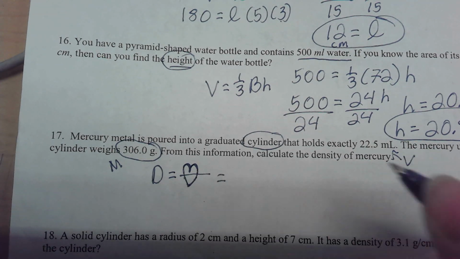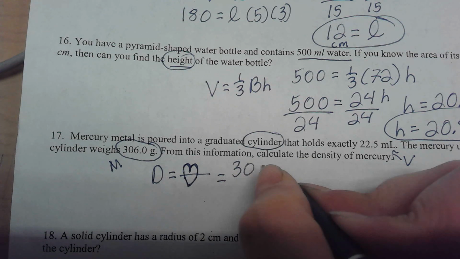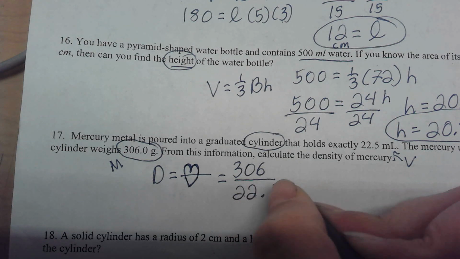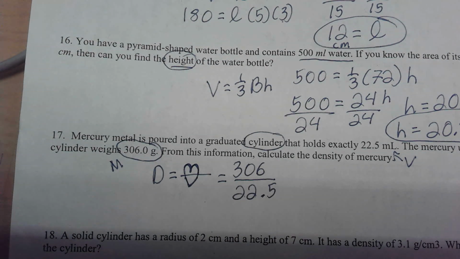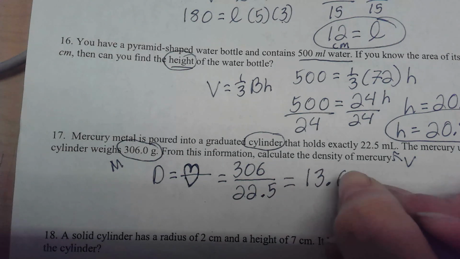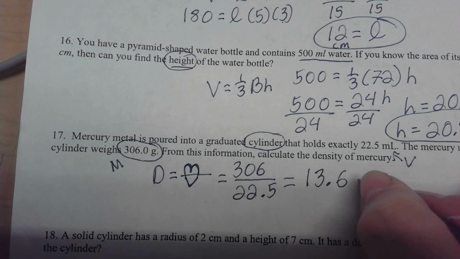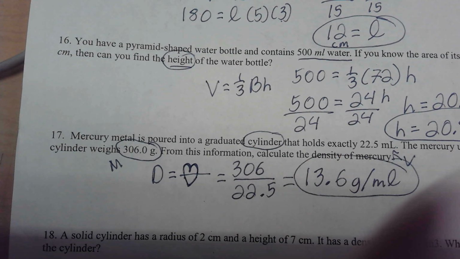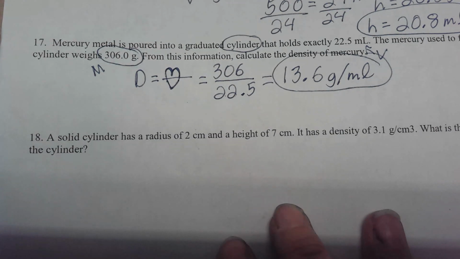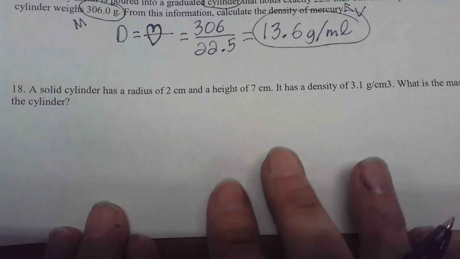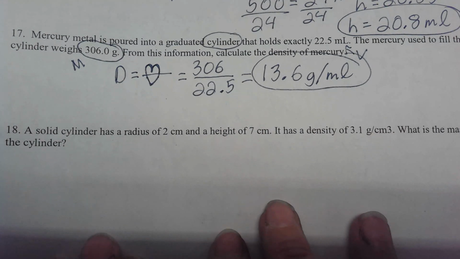We're just going to substitute it in. So the mass is 306 grams divided by 22.5, because that's the volume. So we get 13 and 6/10 grams per milliliter, and that's going to give us the density for mercury. So you know, if you ever see mercury, it's poisonous, so don't pick it up. They used to have it in light bulbs and thermometers, so you have to be careful.